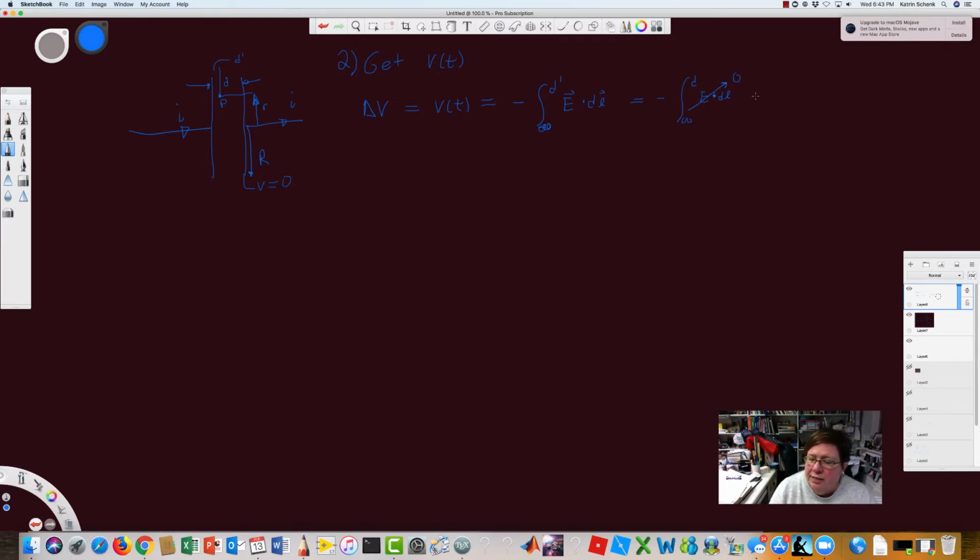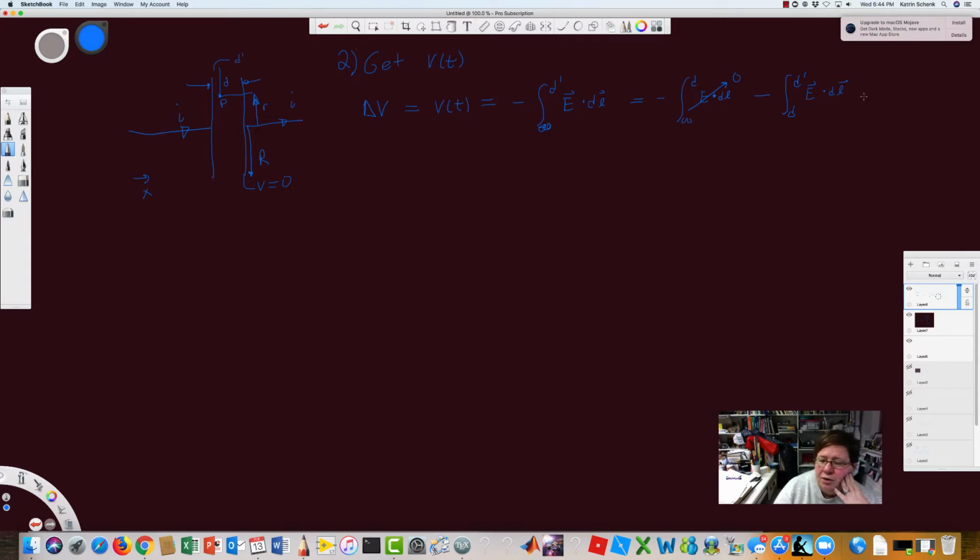And then the next part is integrating in from d to d prime. And there we do have a field. And we're integrating along a line that just goes straight along the x-axis. Remember, the x-axis is x. Right, straight along the x-axis. And so this E dot dl, they're in roughly the same direction.